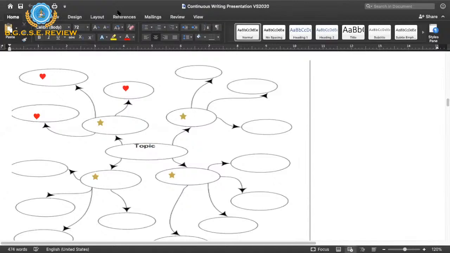Send your answers in the chat, please. You have reference as a response. It's an acronym. R stands for, E stands for, and F stands for what?